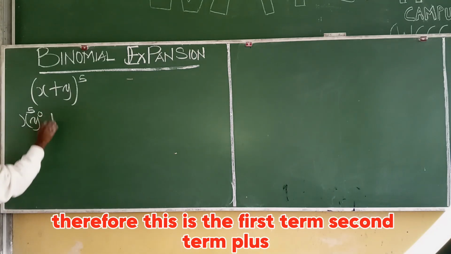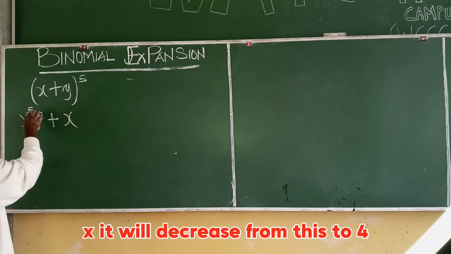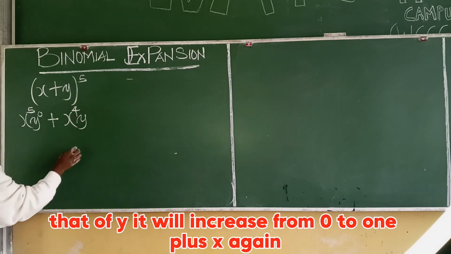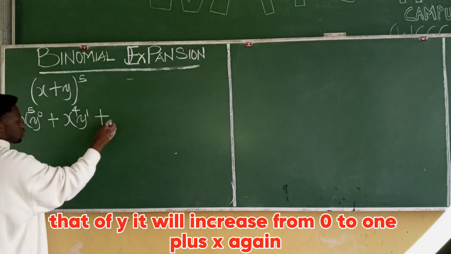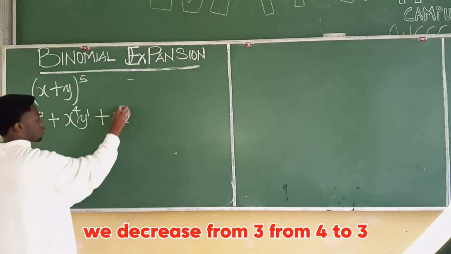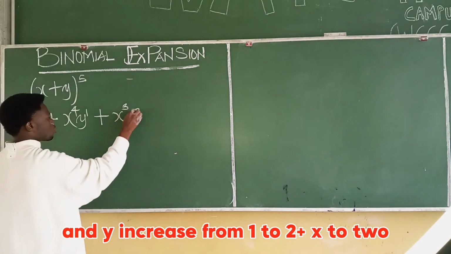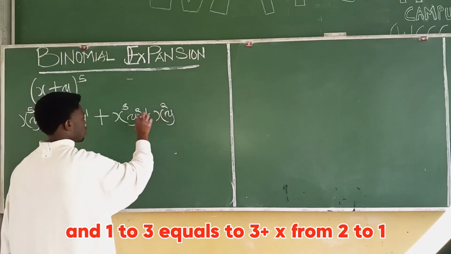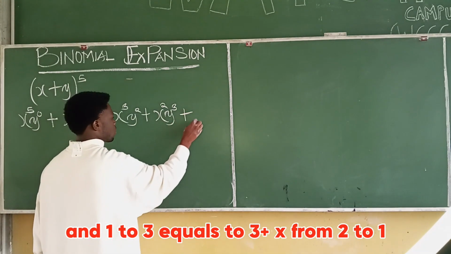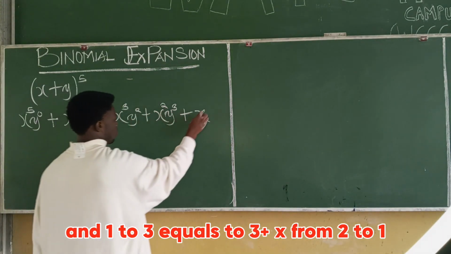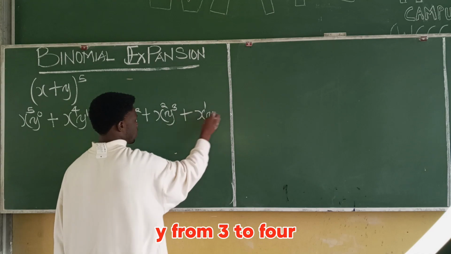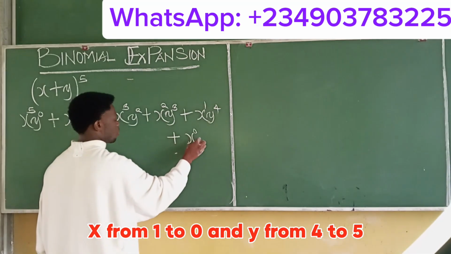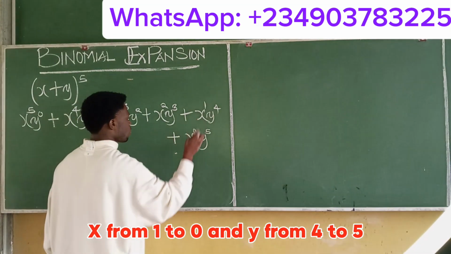Second term, plus x decreases to 4 while y increases from 0 to 1, plus x decreases from 4 to 3 and y increases from 1 to 2, plus x to 2 and y to 3, plus x from 2 to 1, y from 3 to 4, plus x from 1 to 0 and y from 4 to 5.